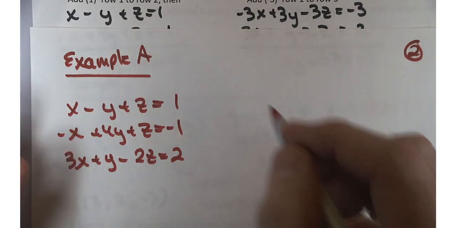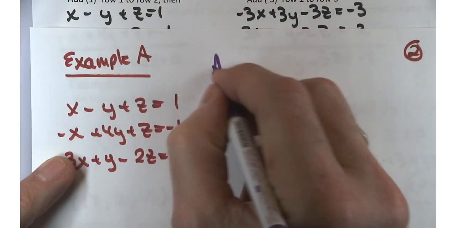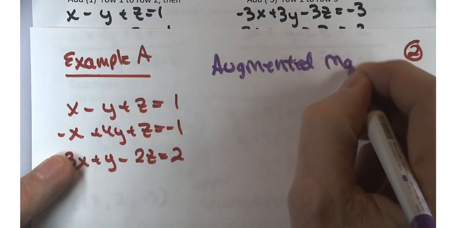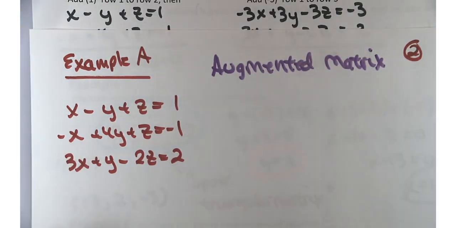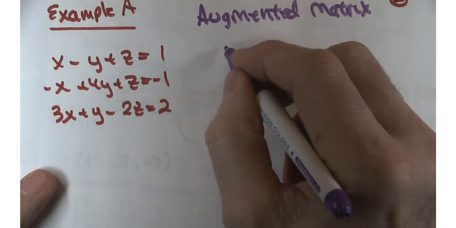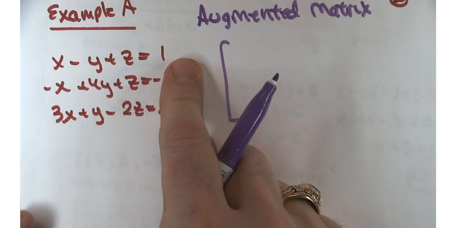And that way that your calculator can understand is something called an augmented matrix. So let's see what an augmented matrix is. Okay, well, what we're going to do is we're going to list just the coefficients here, and that's it.